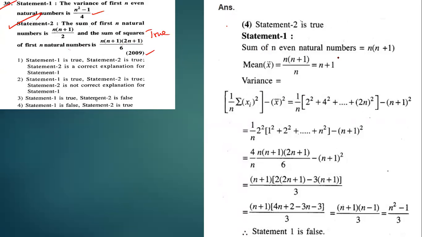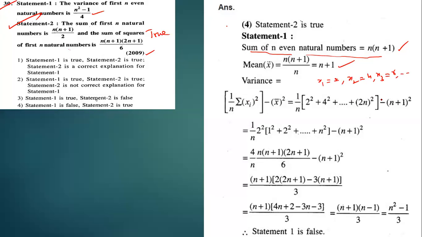Now come to the point. What is the formula for the sum of the even natural numbers? It is n into (n plus 1). Divide with n, that is n plus 1, dear students. So apply the variance formula. x1 means 2, x2 means 4, x3 means 6.